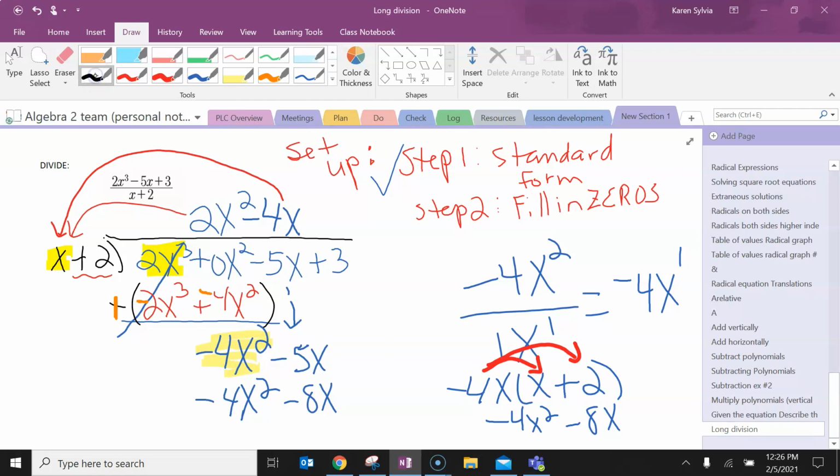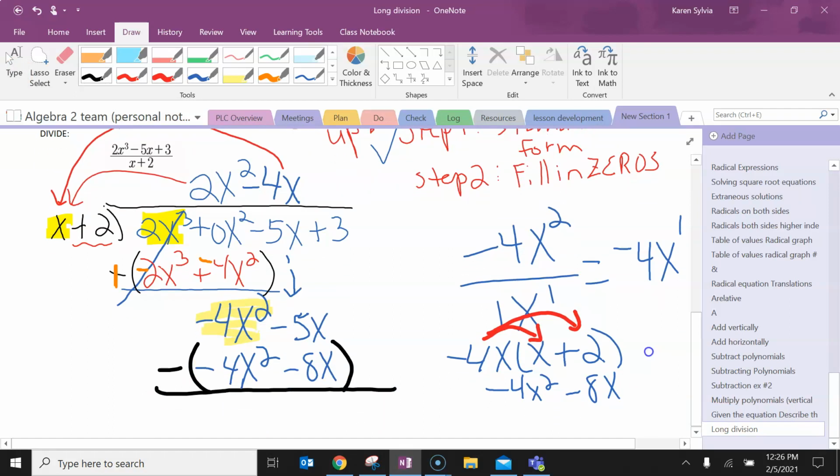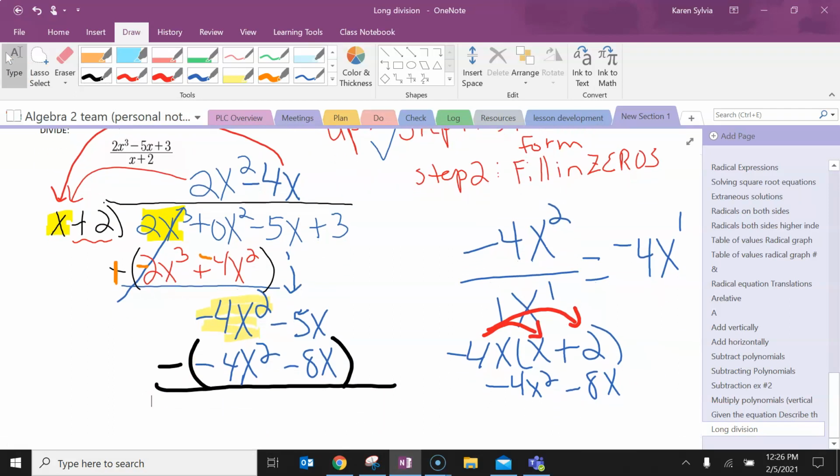Okay, so I did the multiplication, I wrote it down underneath. Again, my next step now is to subtract. And when I subtract, I need to change my signs. So this is going to become addition, change that sign, change that sign. And now I add straight down. Remember, we're not subtracting polynomials.